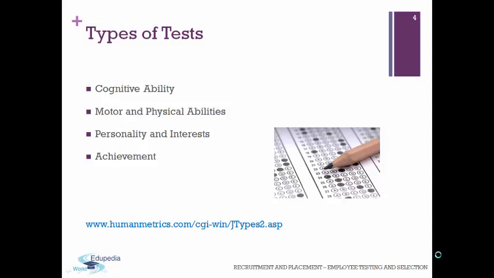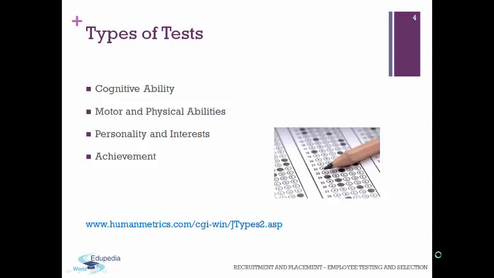So cognitive ability, the test for cognitive abilities. So these tests include tests of general reasoning ability, which is intelligence, and tests of specific mental abilities like memory and inductive reasoning. So intelligence test, also known as IQ, you would have heard of IQ tests, tests of general intellectual abilities.